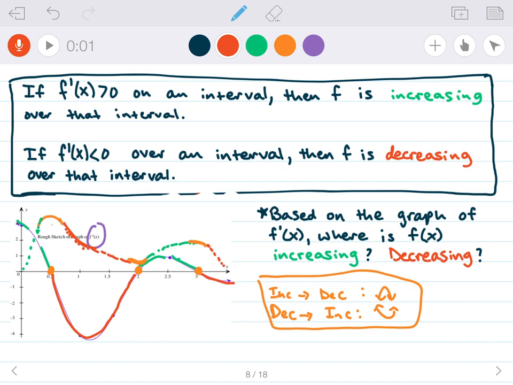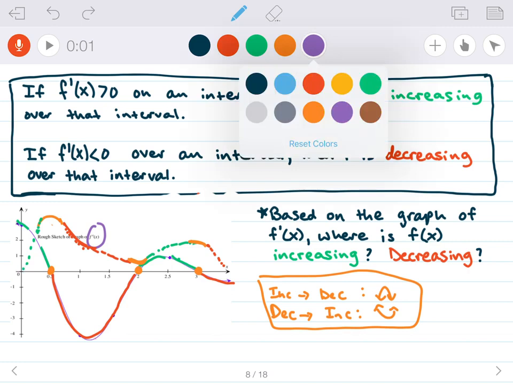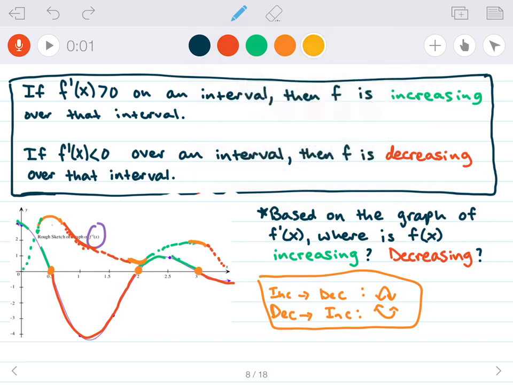Okay, so I'm going to trace this in another color. How about yellow? I'm going to trace my function in yellow right here.